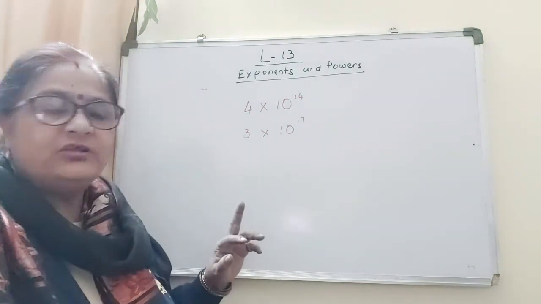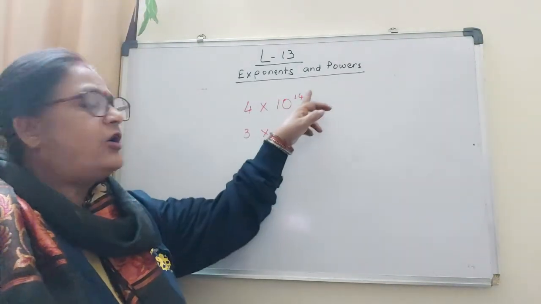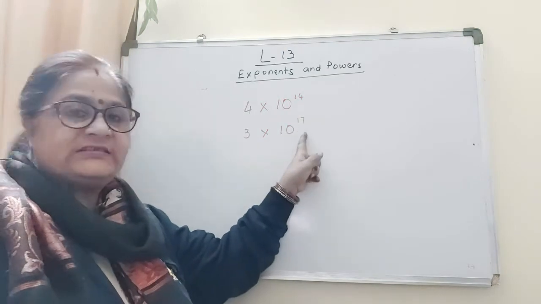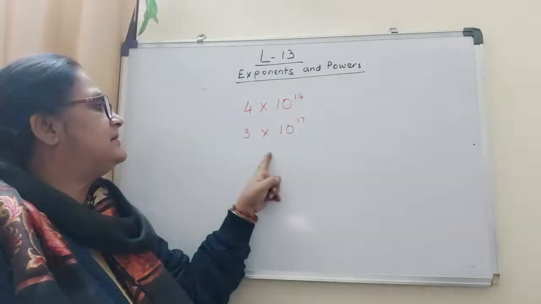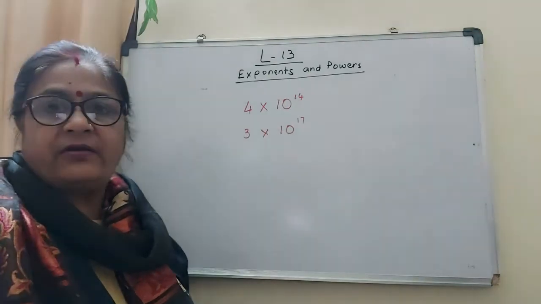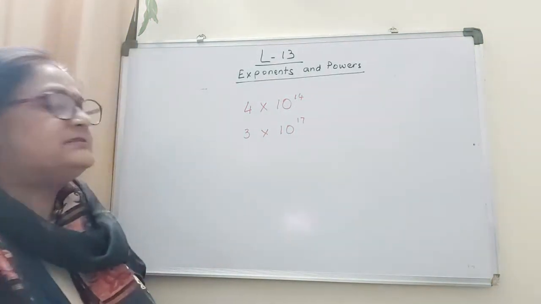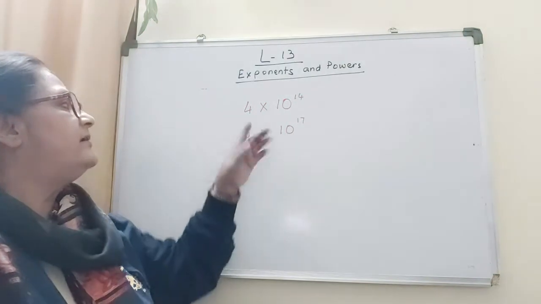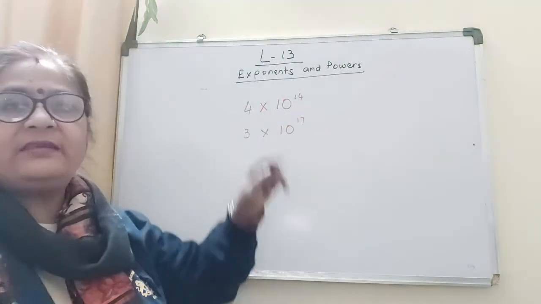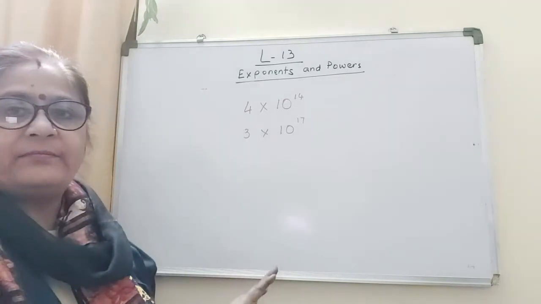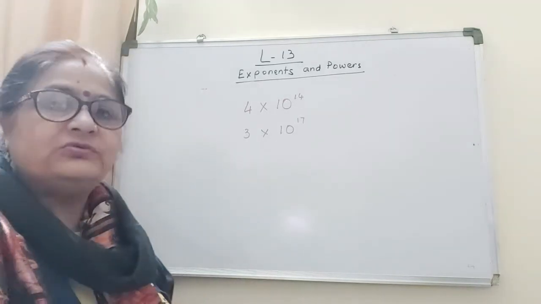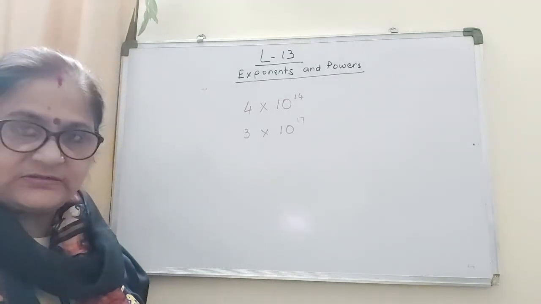Which of the two? 17 or 14? Obviously, 17 is greater than 14. So 3 multiplied by 10 raised to the power of 17 is greater than 4 multiplied by 10 raised to the power of 14. So all these sums, you are going to do in your classwork book.